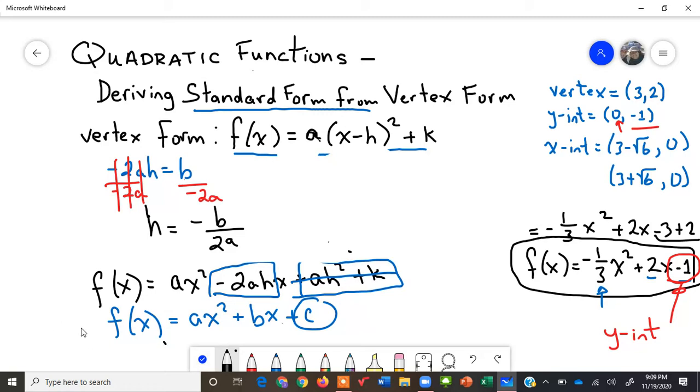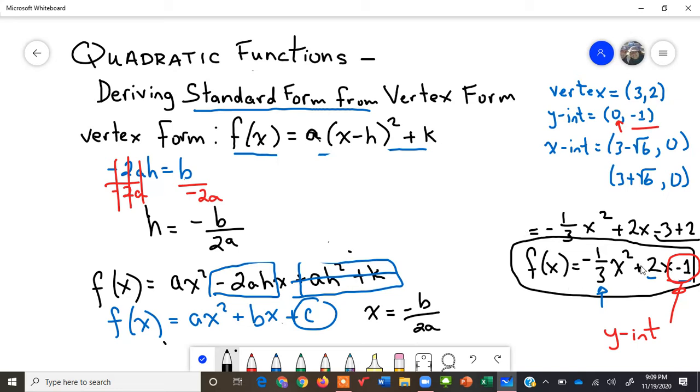So when you have f of x equals ax squared plus bx plus c, you can find the axis of symmetry, which is the x-coordinate of the vertex, by computing negative b over 2a, where b is the coefficient of the x term and a is the leading coefficient.